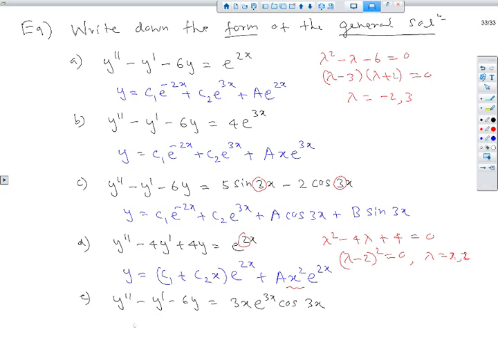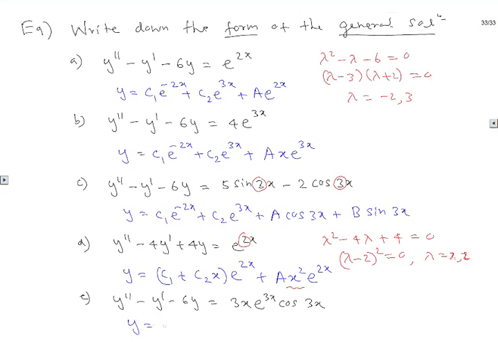So that means your y gonna be c1 e to the negative 2x plus c2 e to the 3x, and then you can see that here 3 and 3 match.